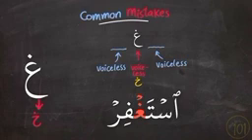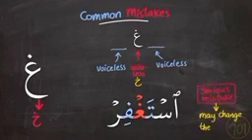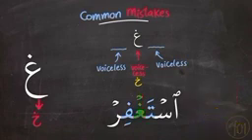Now the ta and the fa are both voiceless. So for some people it might be difficult to switch from voiceless, voiced, and then voiceless again. But this is of course a serious mistake that should not be made when reciting the Quran, because it can potentially change the meaning of the word. So we should say Istaghfir.